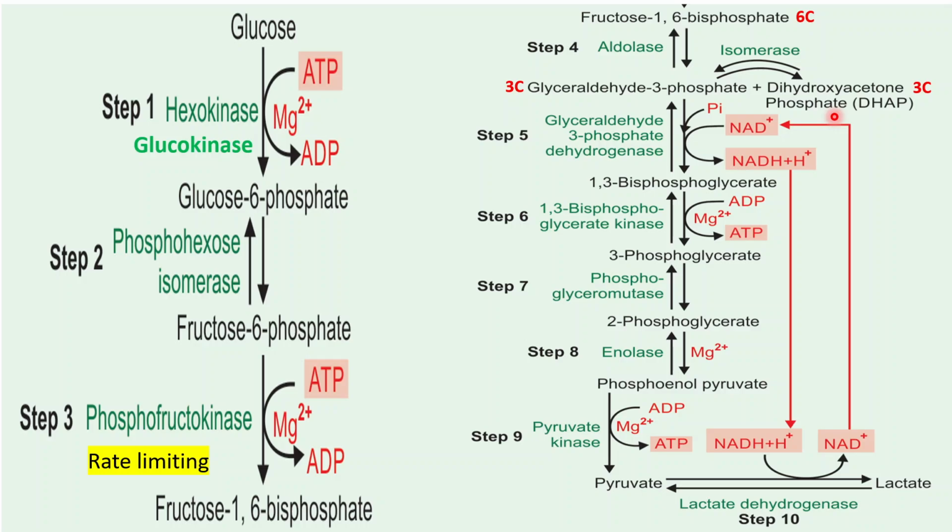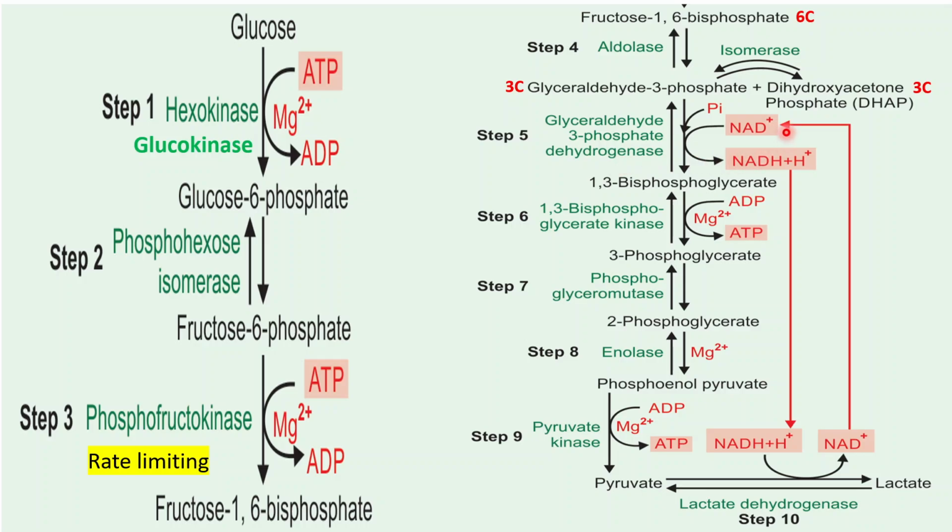Coming back to glyceraldehyde 3-phosphate, we have two molecules of it being formed. Now each molecule of glyceraldehyde 3-phosphate will undergo a dehydrogenase reaction and addition of an inorganic phosphate group. The dehydrogenase reaction is removal of hydrogen.